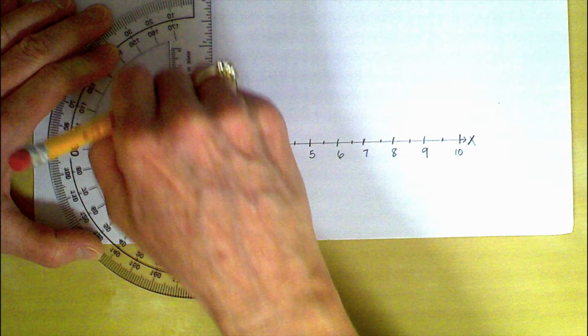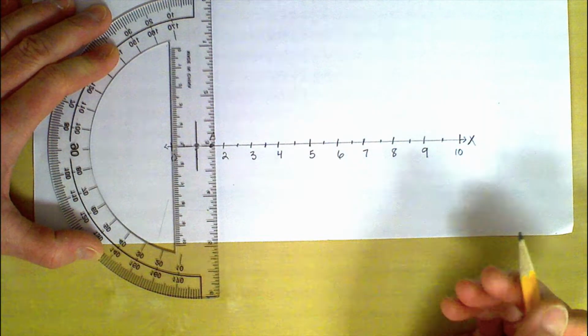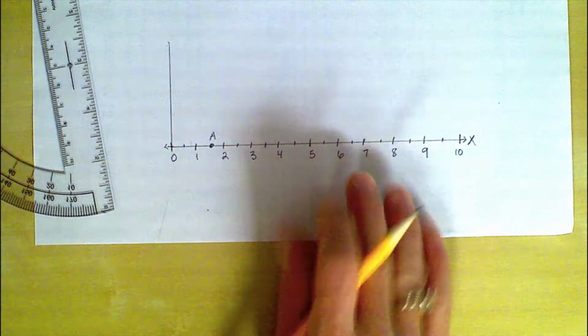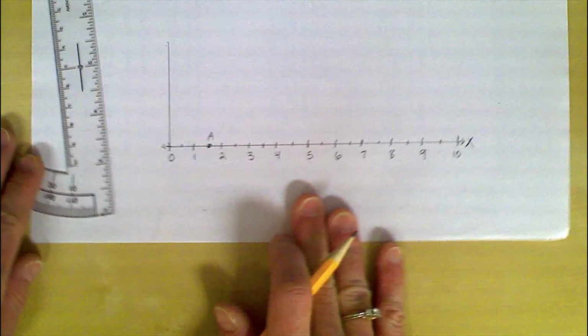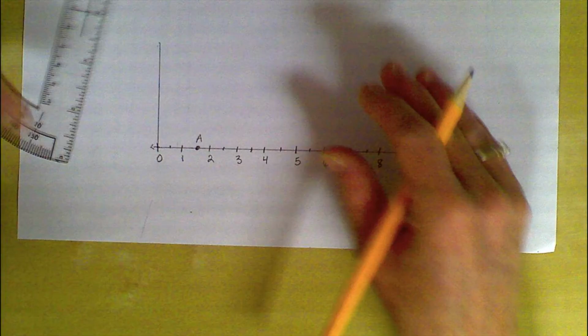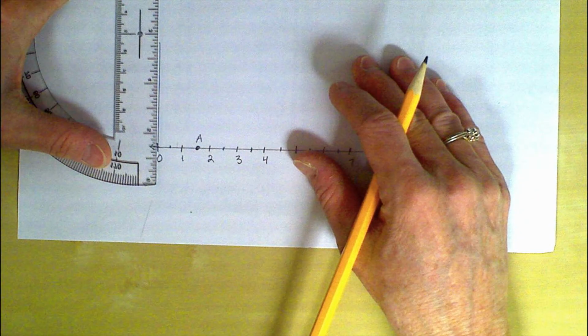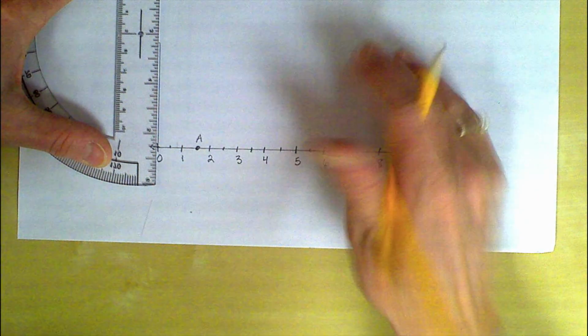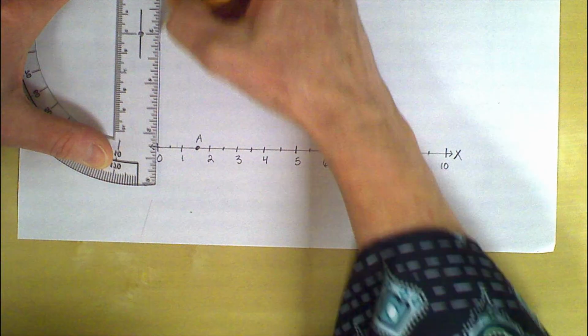But you can draw part of it from the inside of the protractor, and then you can finish it off.